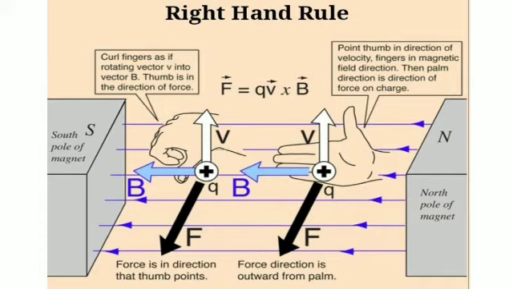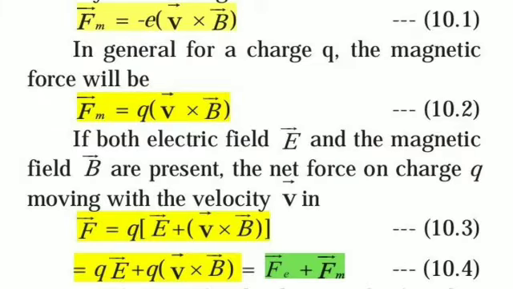Fine. So from all this discussion, you must have realized that the directions of vector v, vector B and vector F follow a vector cross product relationship.